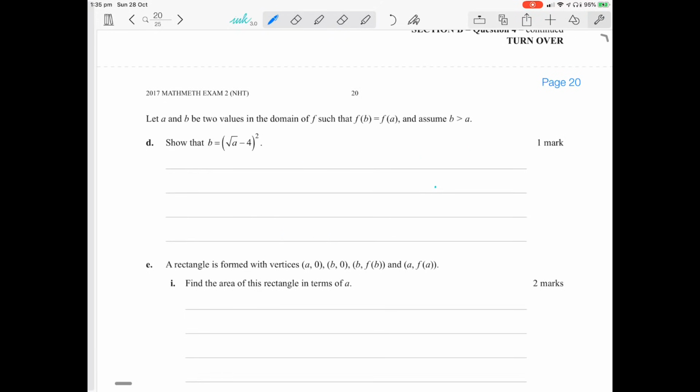I'm just going to write it again. So 4 root A minus A is equal to 4 root B minus B, and 4 root A minus root B is equal to A minus B.